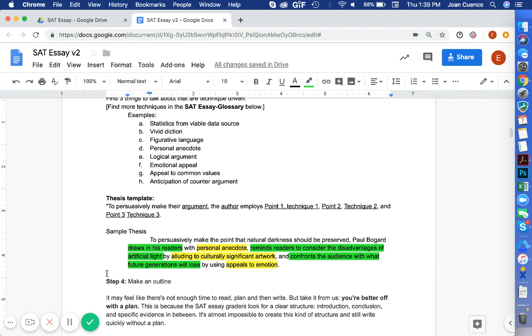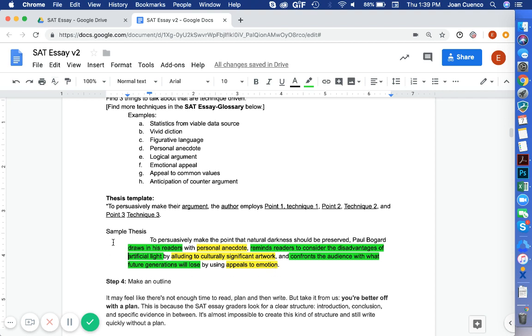He confronts the audience with what our future generations will lose. So a much better thesis in order to win you analysis points is to list both the technique in yellow and the point that he makes in green. If you only list your techniques in yellow, for example, then your thesis, you just won't get as many analysis points. So remember, you're being scored on reading, analysis, and writing.